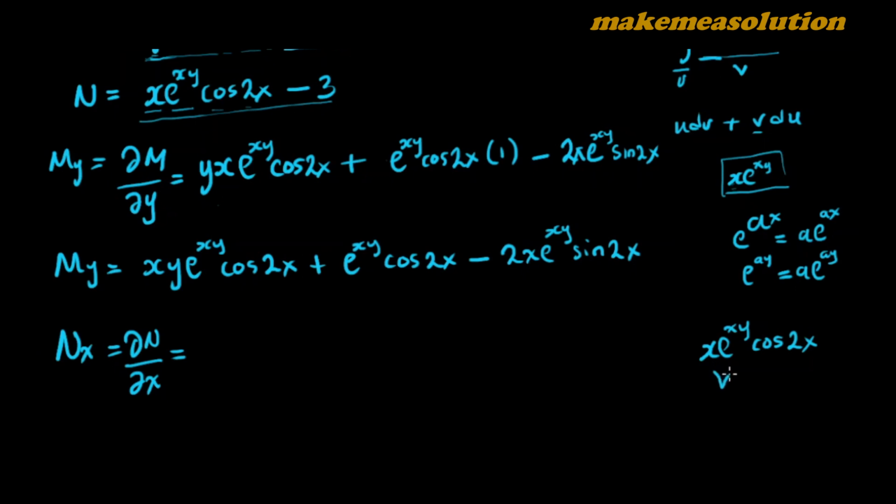So I'll take the whole of this term as my u, and I'll take the whole of this one as my v. So I'll now apply the rule u dv plus v du. Now let me see what happens when I apply the rule. So my u is going to be x exponential xy, then my dv, I'm going to differentiate cos 2x with respect to x partially, and of course it will give me minus 2 sine 2x.